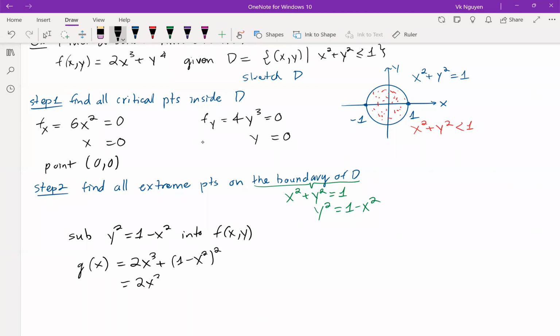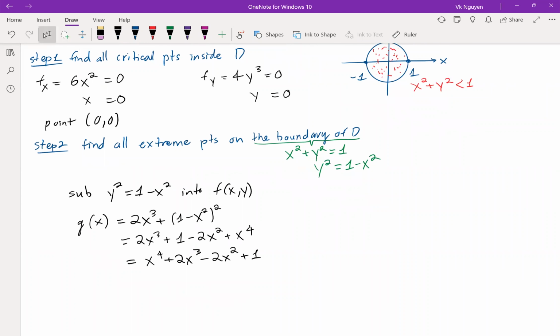So 2x to the 3 plus 1 minus 2x squared plus x to the 4th. I would arrange this one as x to the 4 plus 2x to the 3 minus 2x squared plus 1.